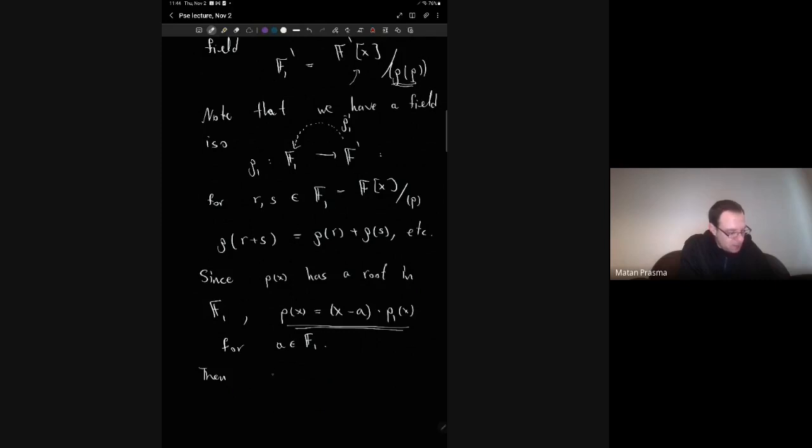So I get rho of P of X. It has to be equal to rho of X minus A times rho of P1 of X. And rho of some polynomial is simply acting on the coefficients.